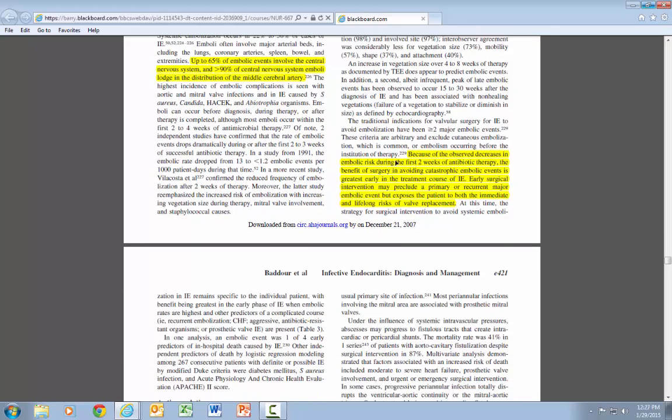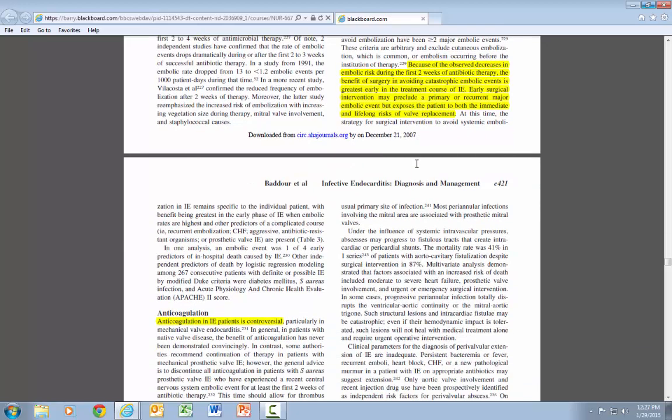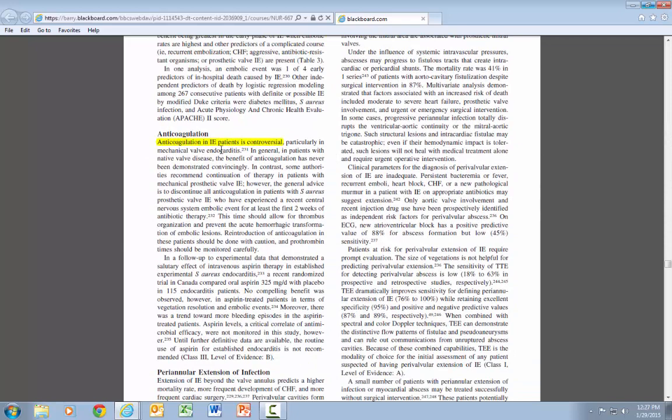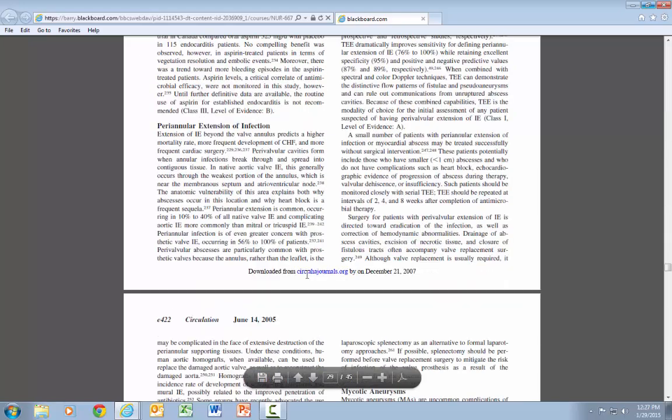Now, this embolic risk decreases during the first 2 weeks of therapy, and there's controversy about starting anticoagulation therapy or not. That we will see later. So again, it's very controversial. You could go ahead and start anticoagulation if the patient has other risk factors associated with the Virchow triad. Otherwise, aspirin will be enough.